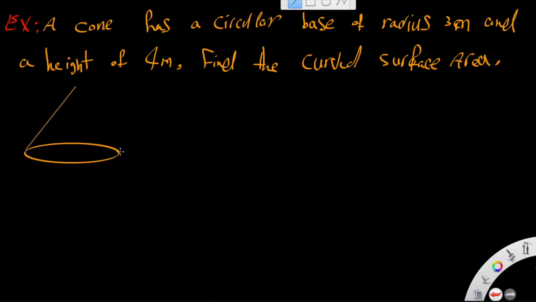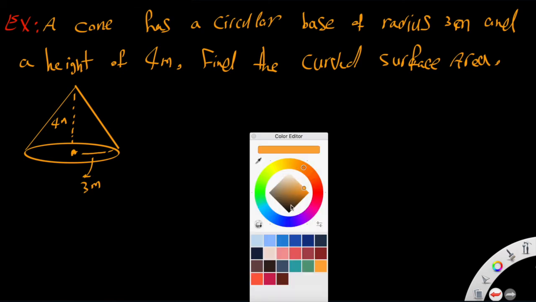I always recommend you draw a diagram if the question doesn't give you one, and write whatever information is given in the question on your diagram. So here height is given 4 and base radius is 3 meters. Now we need a slant height.